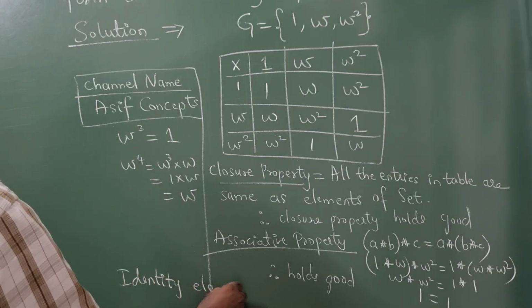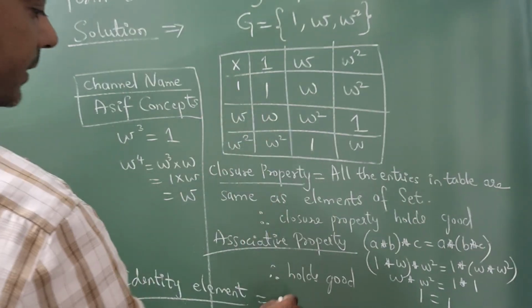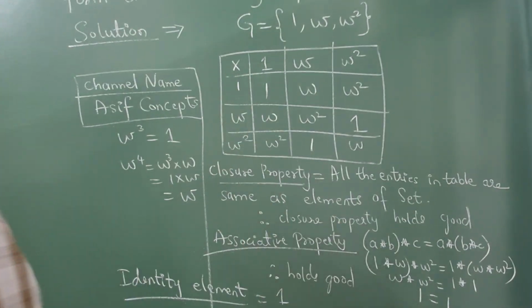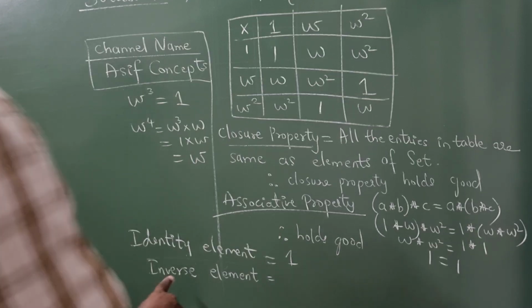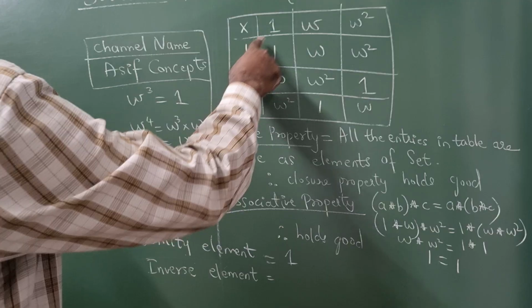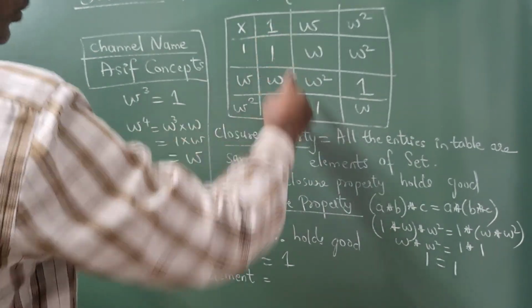Identity element. Always remember under multiplication the identity element is 1. Next comes inverse element. Every element has an inverse. Now inverse of 1 is 1.